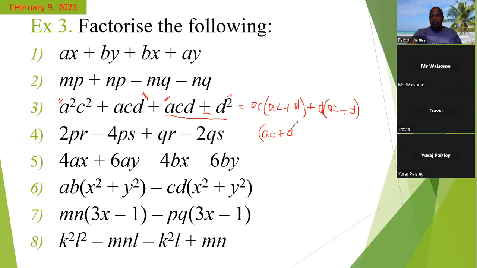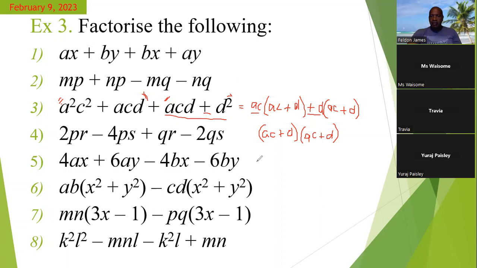as your common factor. Now, what you have outside the two brackets, you have AC and you have plus D. So these are what we're putting in the second bracket. So you put AC plus D. So these would be the factors. It turned out that these two factors are exactly the same, which means you have a bracket multiplying by itself.